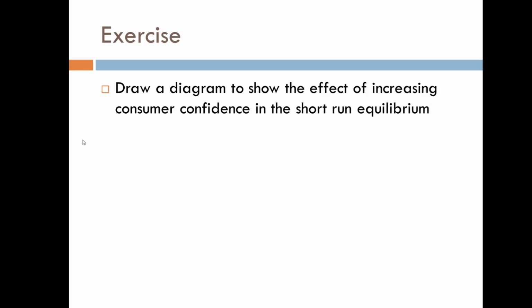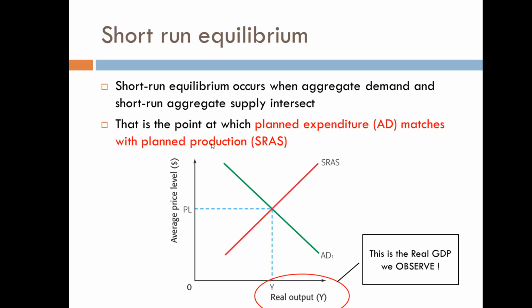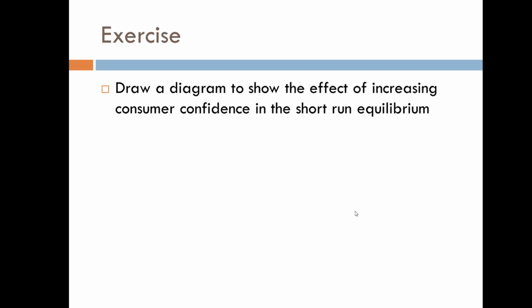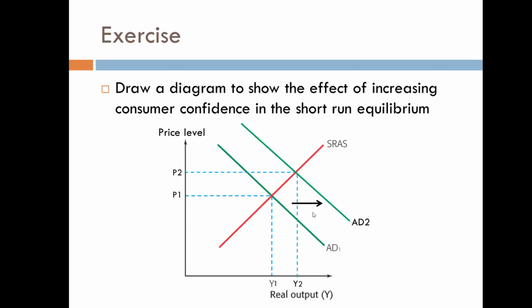If there's a higher consumer confidence, the demand will shift to the right. So this is the initial diagram, and because now we see that consumer confidence is getting higher, we are going to expect more AD. It will go just like this. So we will say the short run equilibrium is changing from this point here to this point.